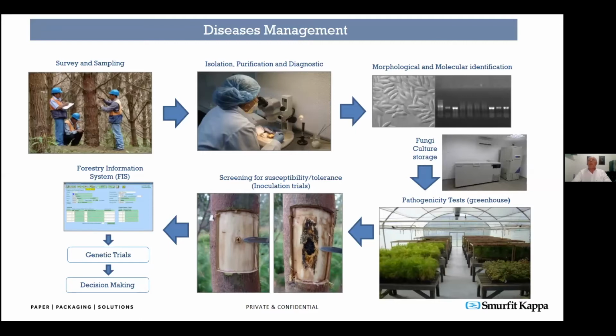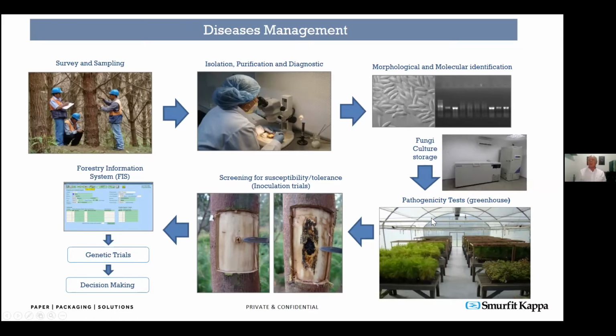Now, what we are doing with disease management. Normally, we are doing permanent survey and sampling of our plantation, then isolation, purification, and diagnostic of the disease, and morphological and molecular identification. Then we have a fungi culture storage in a freezer at minus 86 degrees Celsius.